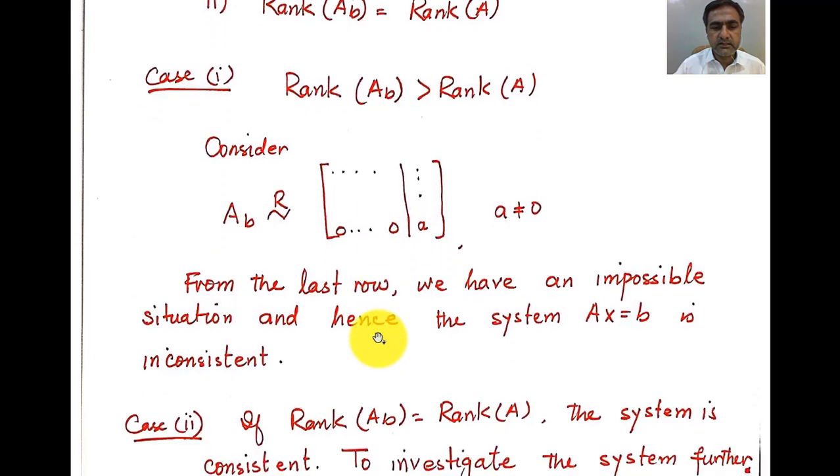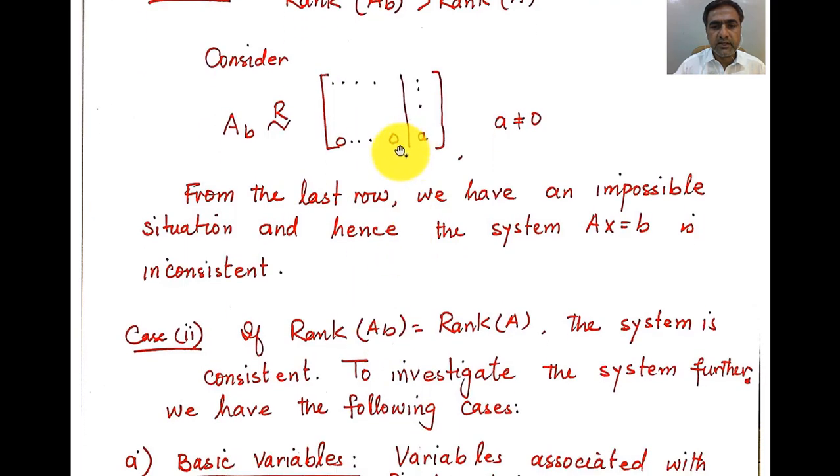And hence from here we have an impossible situation, because if you observe this equation, this would mean that 0 is equal to a, which is a non-zero number, which is not possible, and hence in this case we will conclude that our system is inconsistent.